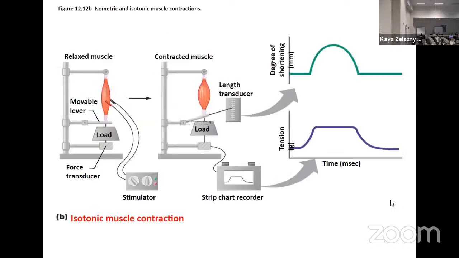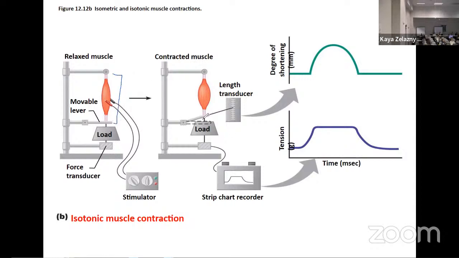We're going to see when we graph this that it looks different once we are able to actually move a load. Here we see a similar experimental setup. The relaxed part looks the same, but they've drawn on a load to show you that we're going to move it. We start with our muscle attached at 2 points.